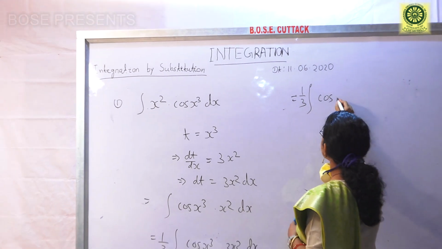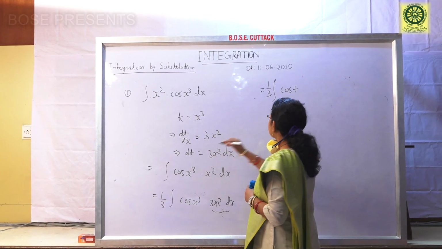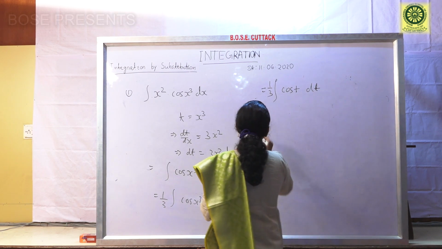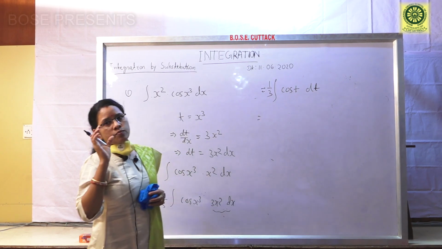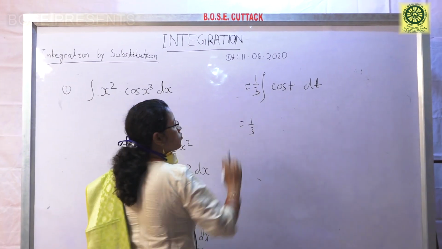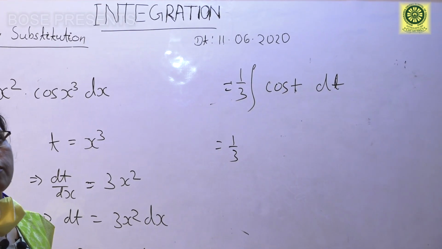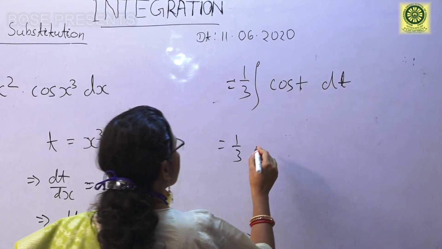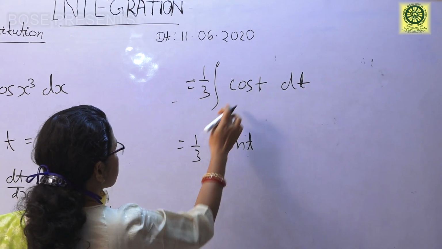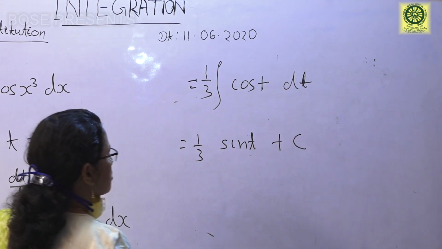In place of x³ just write t, and in place of 3x² dx just write dt. This is a simple integration. Now just use the formula to evaluate this. That is, the integral of cos t is sin t. Okay. 1/3 is here, and the integral of cos t is sin t + c.